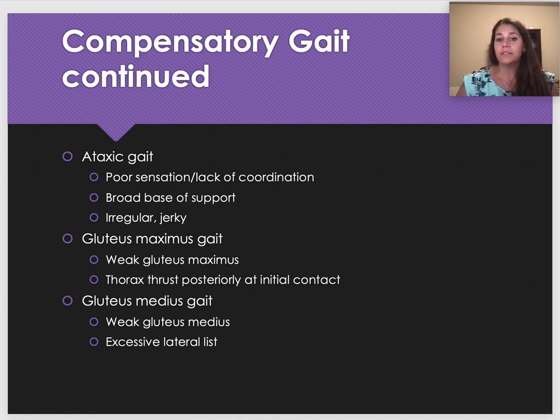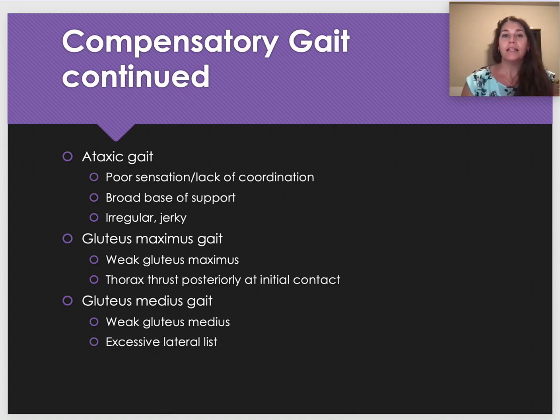Gluteus maximus gait, so that's gluteus maximus. It's your number one hip extender, most powerful hip extender. So if you have a weak gluteus maximus, sorry, I don't know why I'm struggling with those words, what you're going to see is your thorax thrust posteriorly at initial contact.